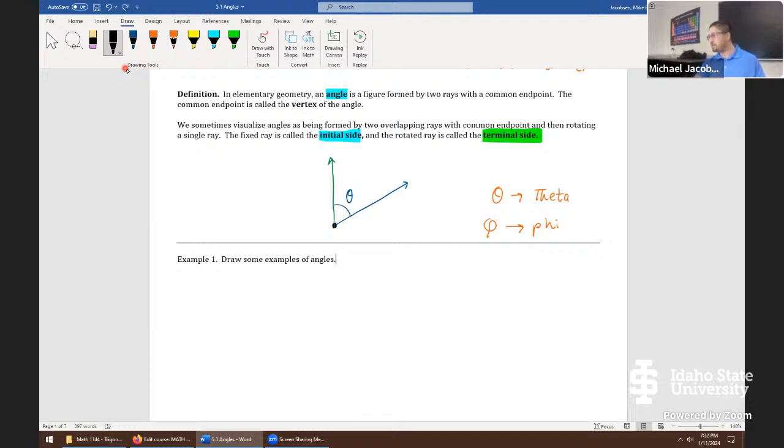So some common examples, let's put down first an X and Y axis. We'll do it in a funny way where my initial side goes like this. So here's the X axis. And when we do more and more angles, we typically want the initial side to be the positive X axis. Later, we'll say that those are going to be the angles measured in standard position. In fact, the very next definition. Let's put down a couple random angles here.